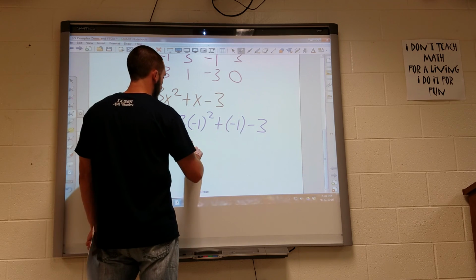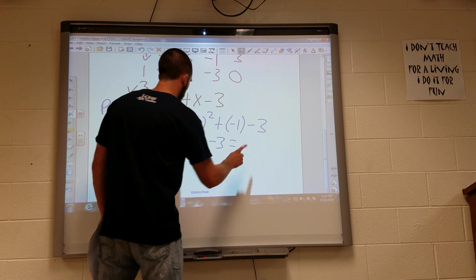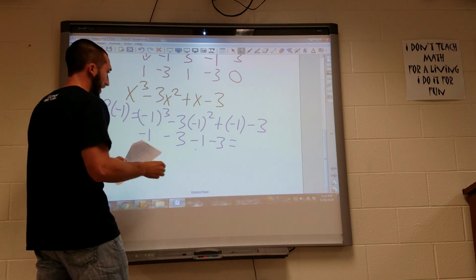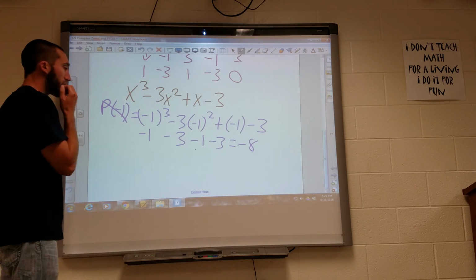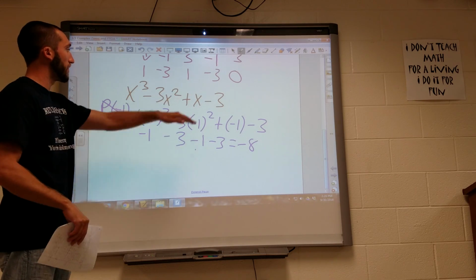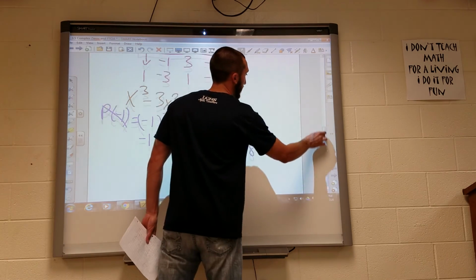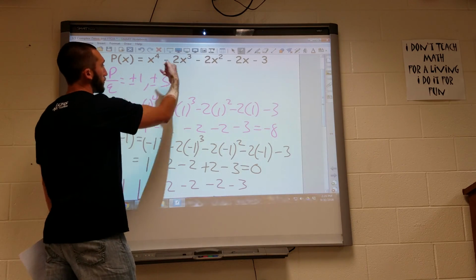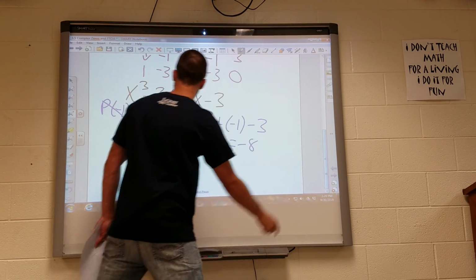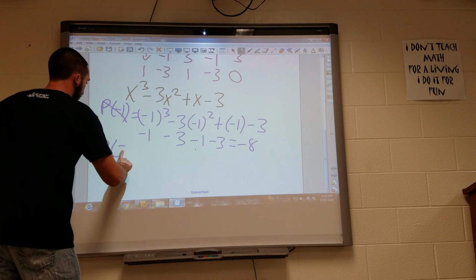Plus a negative 1, and then minus 3. So this gives me, again, negative 8. So now negative 1 is not a 0 of this. So I'll move on to my next possible 0. Since I've already taken care of 1 and negative 1, I'll start with a positive 3. So I'll do p of 3.